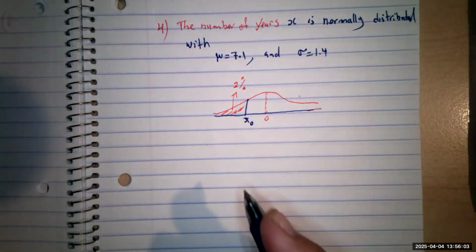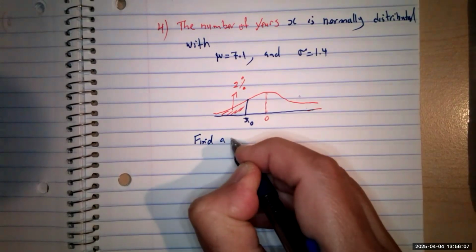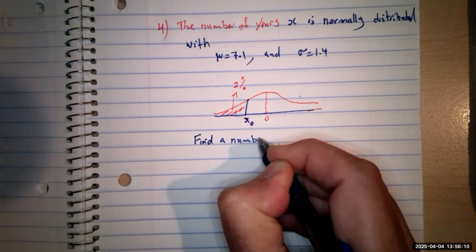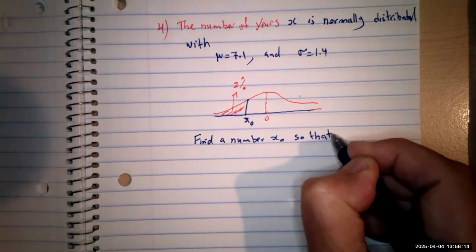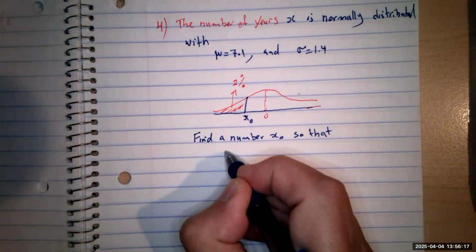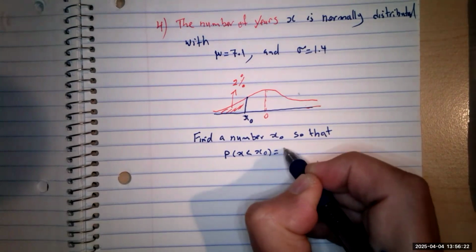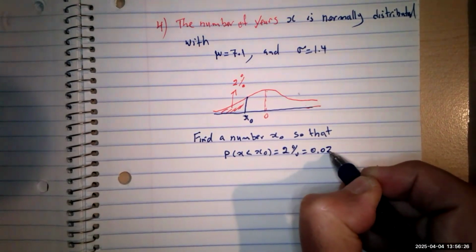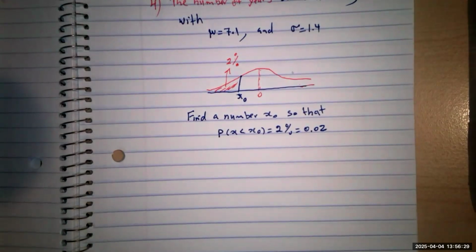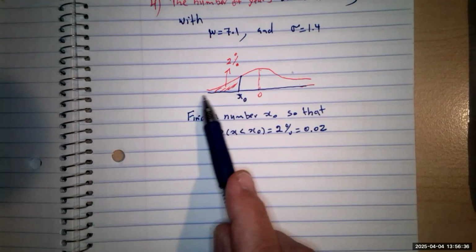If you do it manually, you have to find a number x0 so that the probability that x is less than x0 is 0.02. The percentile you're interested in is 2%, and this time it's a lower tail.